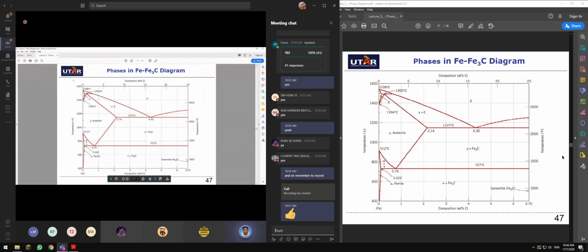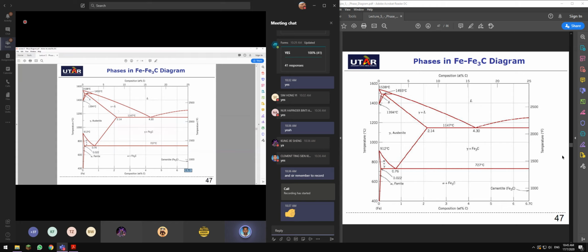So in this phase diagram, which is a composition of iron and carbon content with a maximum of 6.7 percentage, you can add a lot of alloying elements into iron, and those alloying elements are carbon. So you can create a lot of materials. That's the reason why you have lots and lots of carbon iron in the market. You have Japan standard, American standard, Malaysian standard. It's almost infinite.